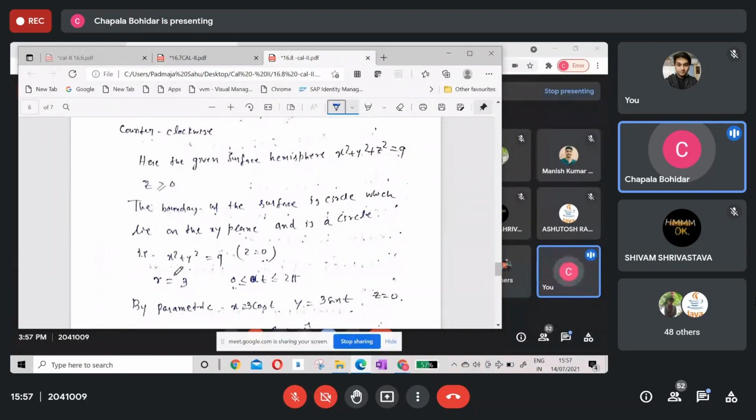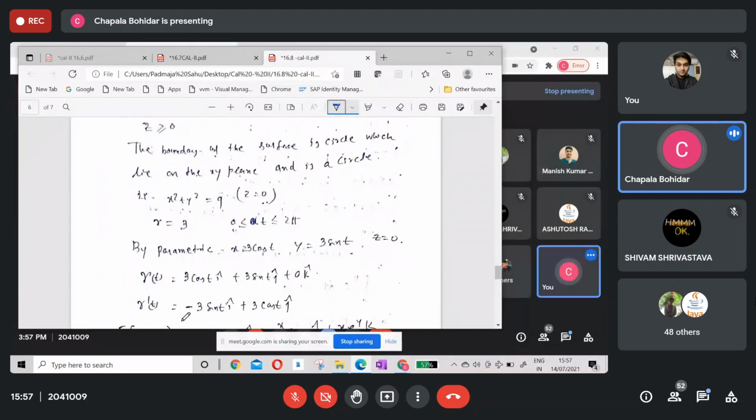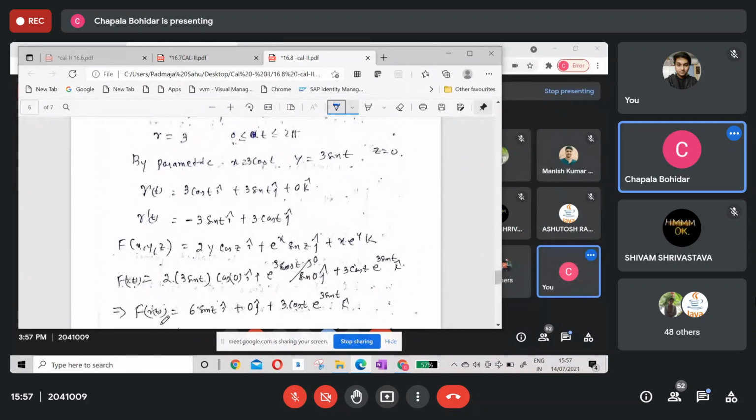So r lies from where to where? 0 to 3. And if you consider the parameter as r(t), then t lies from 0 to 2 pi. So we write the parametric form: x is equal to 3 cos t, y is equal to 3 sin t, z is equal to 0. So r dash t is equal to this value, and the function F is this.